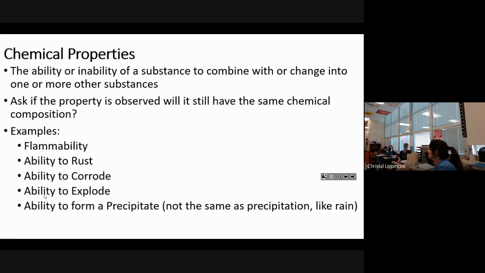If it changed into something completely different, chemically structured, then that was a chemical property.